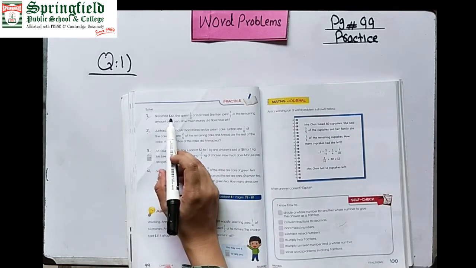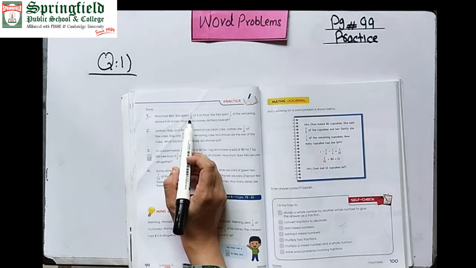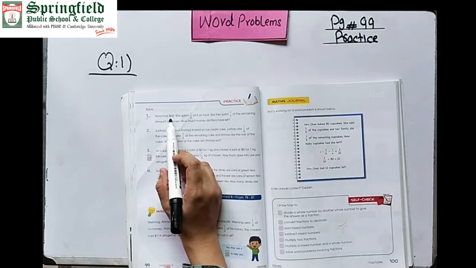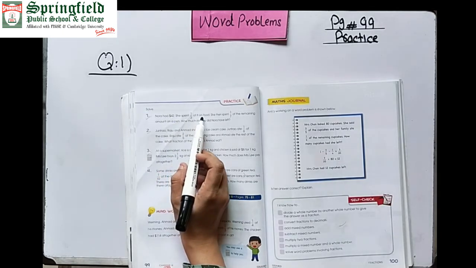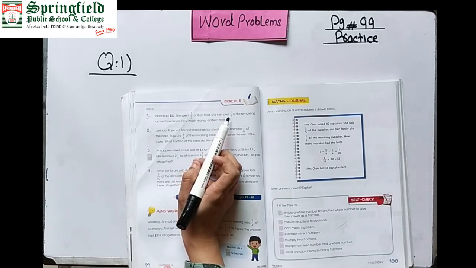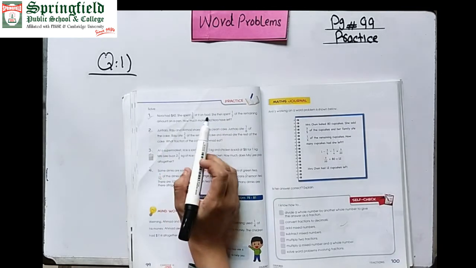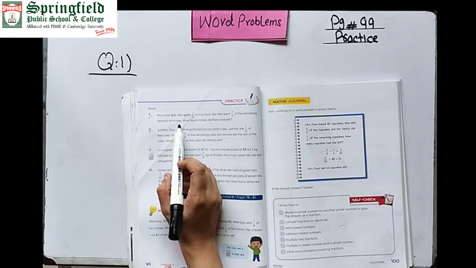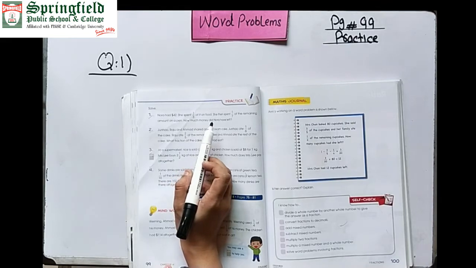Again, Noora had $42. She spent 1/3 of it, of it means of this amount, on food. And then she spent 1/7 of the remaining amount on a pen. How much money did Noora have left?